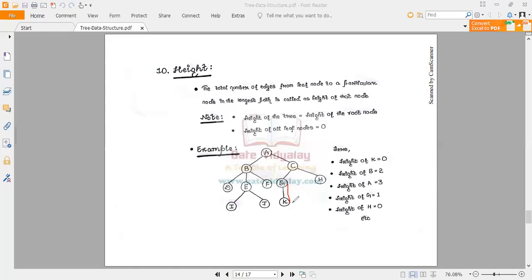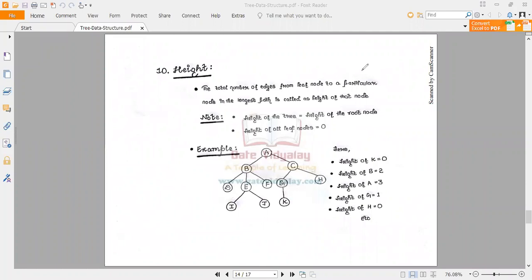That means height is 1. So what is the height of H? H is the leaf node, so its height is 0. Again, the height of I is what? Height of I is again 0 because it is the leaf node.